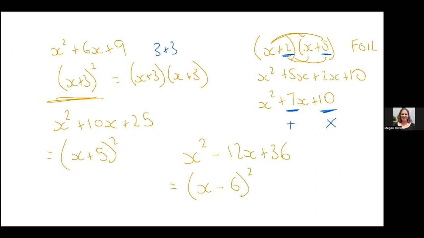Okay, so we're now going to use perfect squares. If our equation was a perfect square, what would it be? So I'm going to give you something that's not a perfect square.